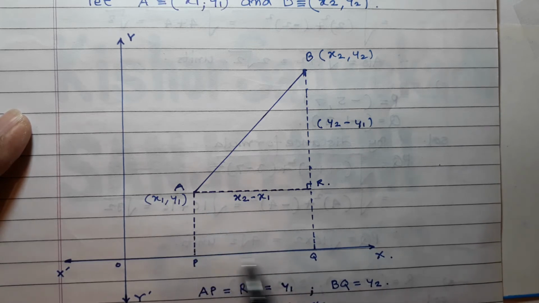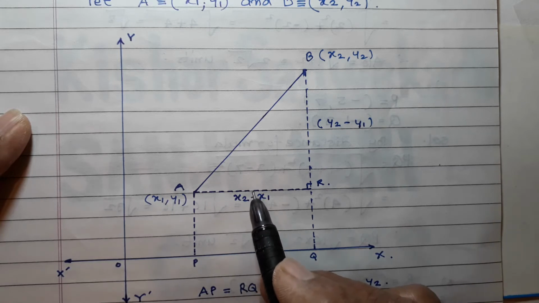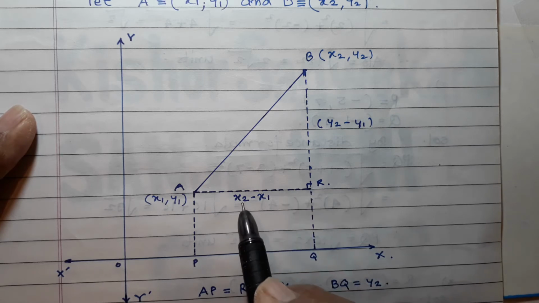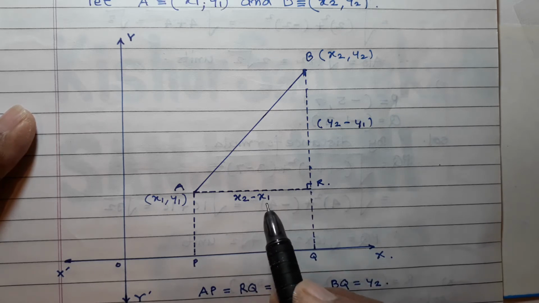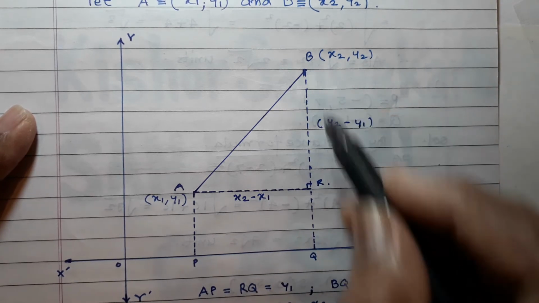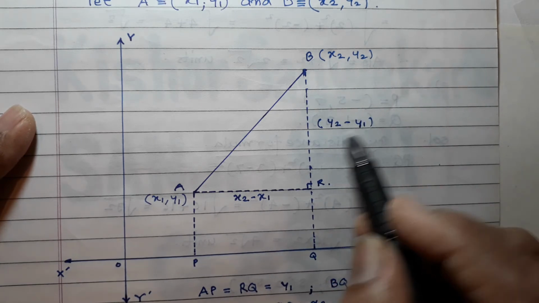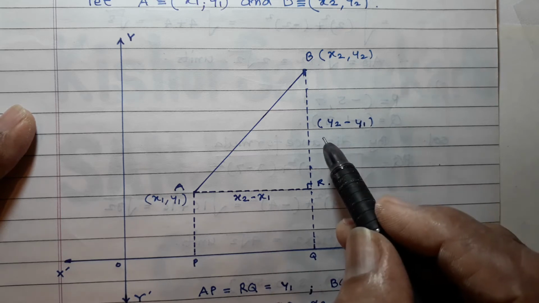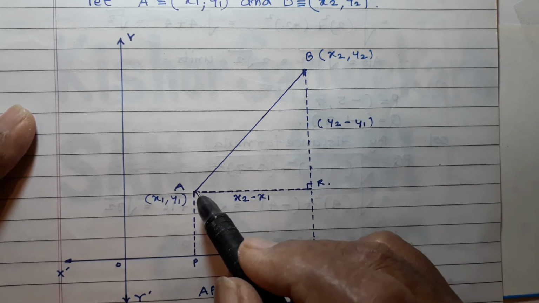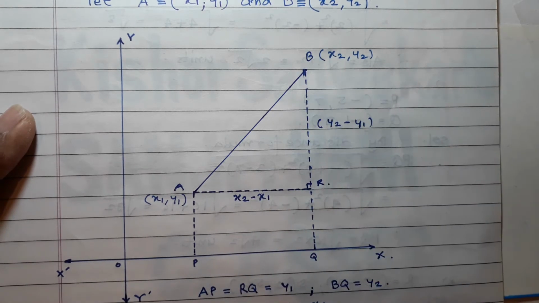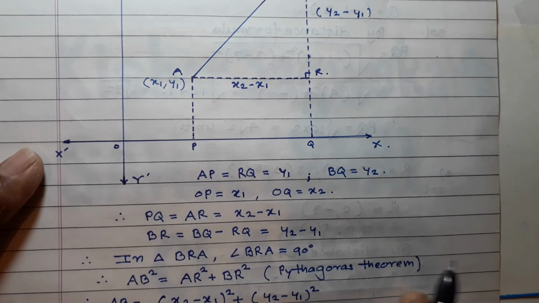Now you know this is a what? Rectangle, and therefore this side and this side are equal, and therefore AR is equal to x2 minus x1. Similarly, BR is equal to y2 minus y1. Now you know these two sides, and therefore you can find the distance AB. Now then you try to understand this.